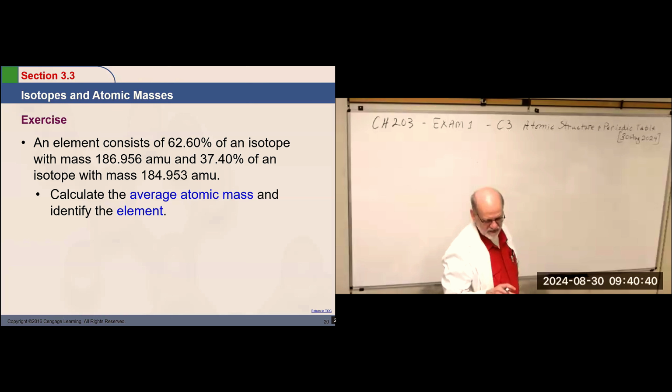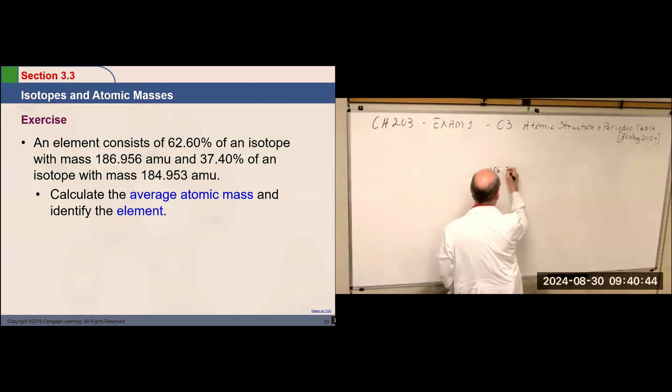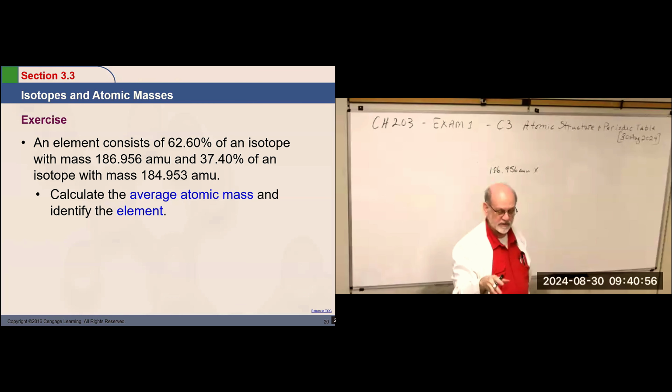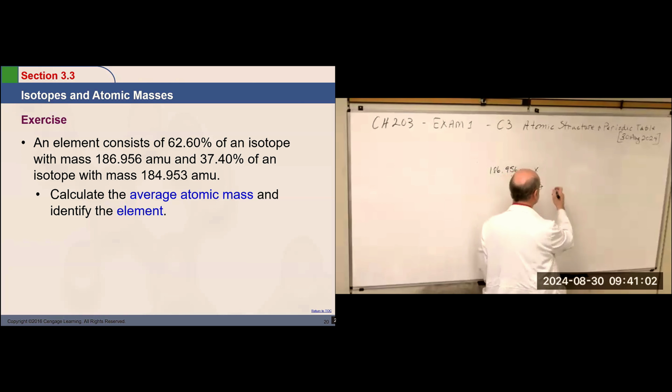So we have 186.956 atomic mass units. But its relative abundance is 62.6%, which in decimal terms is what? 0.6260.